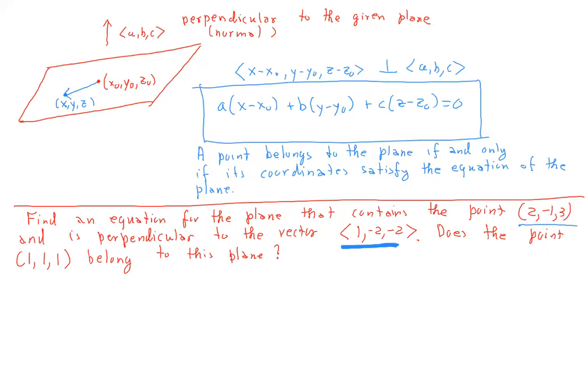Put them together and you will get 1 times x minus 2, minus 2 times y plus 1, minus 2 times z minus 3 is equal to 0. Don't forget to put equal 0.